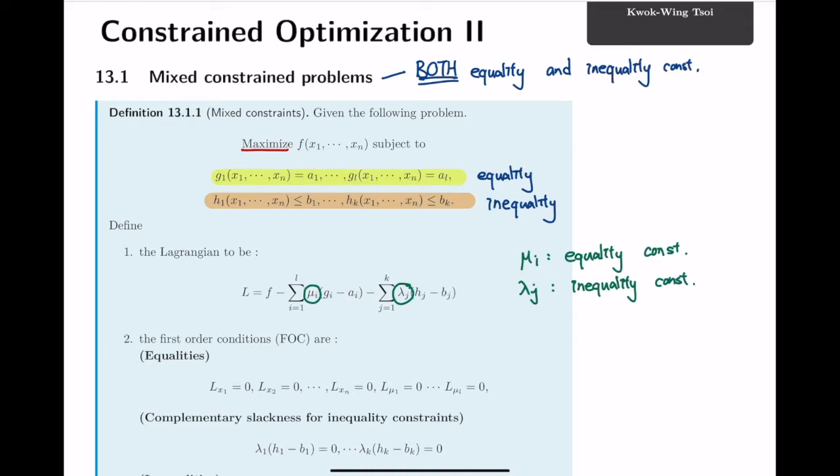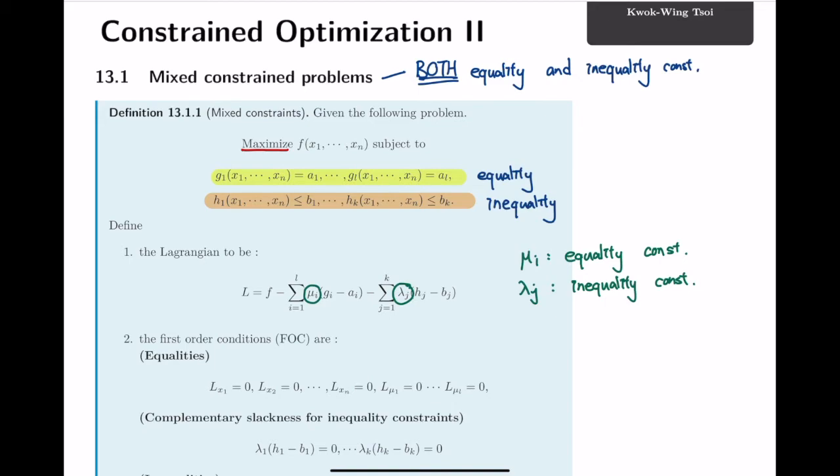So the way to form the Lagrangian is like combining the two situations together: f, the objective function, minus the Lagrange multiplier times the function coming from the equality constraint, minus the Lagrange multiplier times the function arising from an inequality constraint.